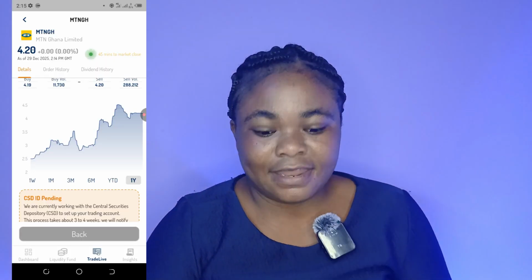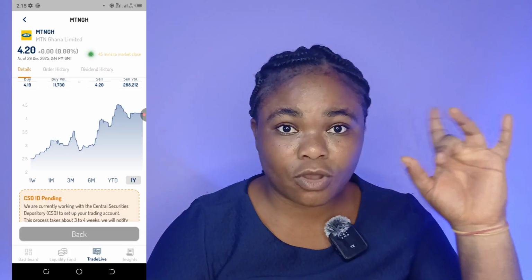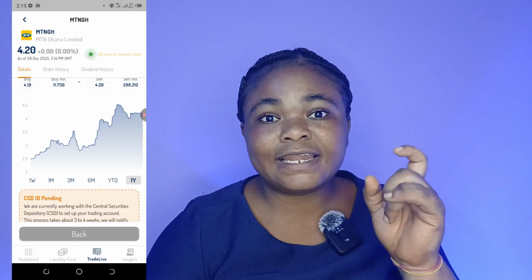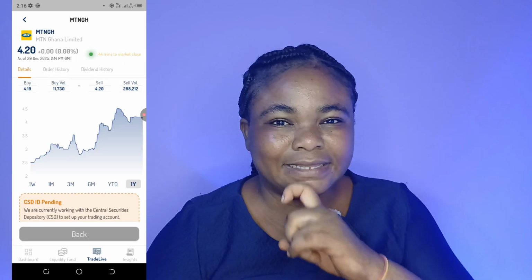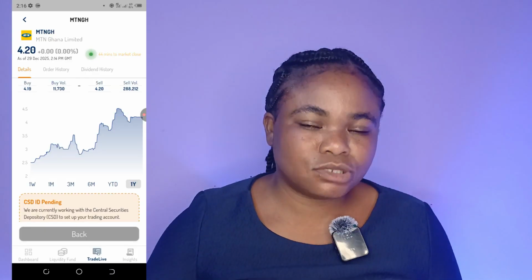When I accept to sell it for 4 cedis 20 pesos, it will be recorded on top that those who had the stock previously sold it for 4 cedis 20 pesos. But that doesn't mean that when someone else has the same bag and sells it, the person will also sell it for 4 cedis 20 pesos. That's how stocks work.